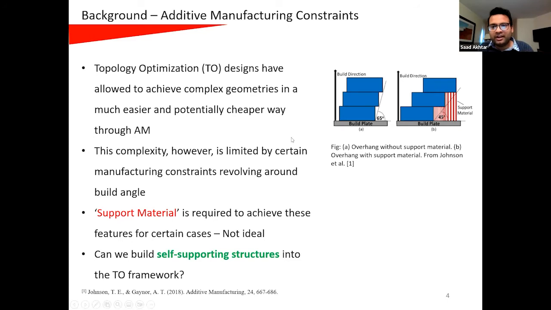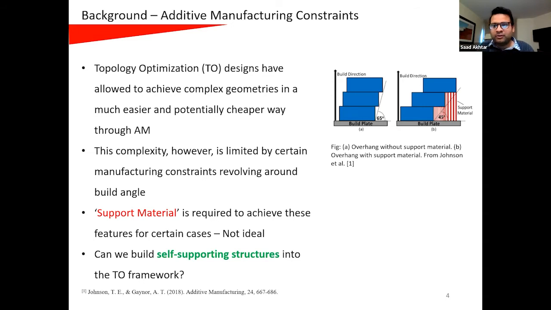For example, in figure A here, the angle is 65 degrees with the build plate. It's gradual enough that modern additive manufacturing technologies can withstand this amount of curve.